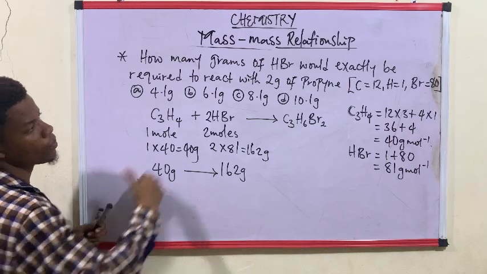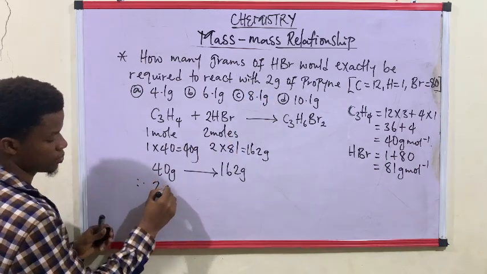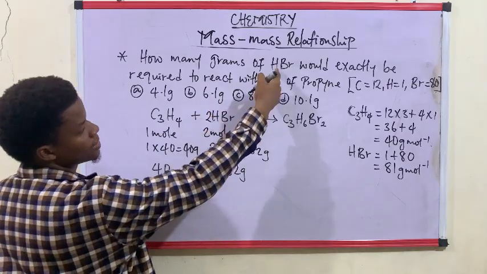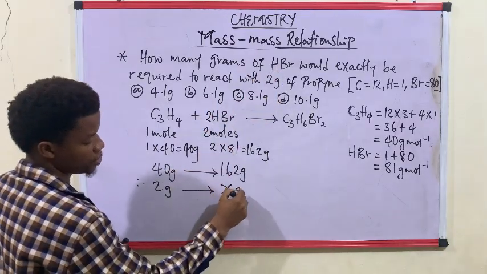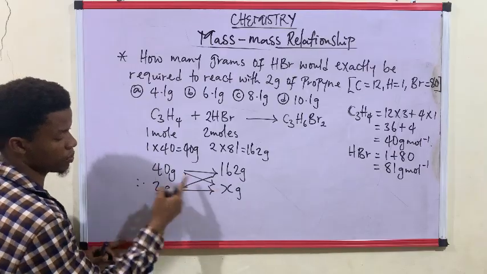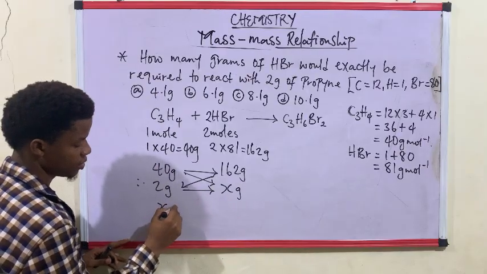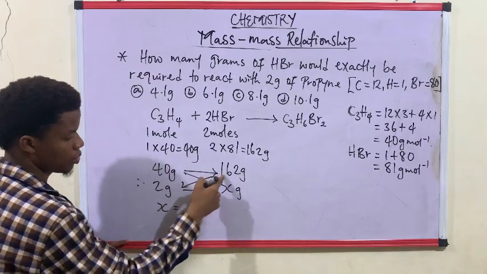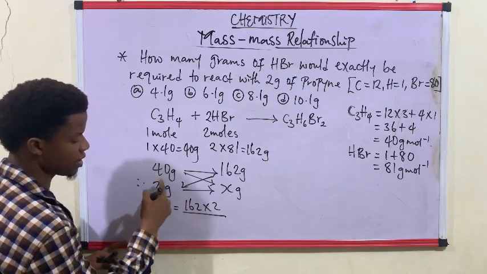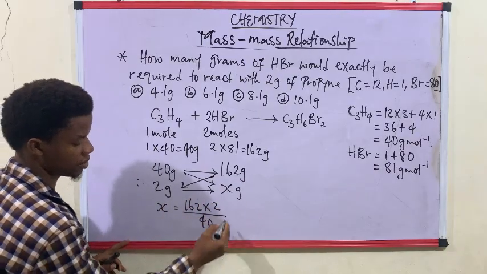Therefore, 2 gram of propane, we need what mass of HBr? So let's cross multiply. By the time we cross multiply, we're going to have x is equal to 162 times 2 divided by 40.